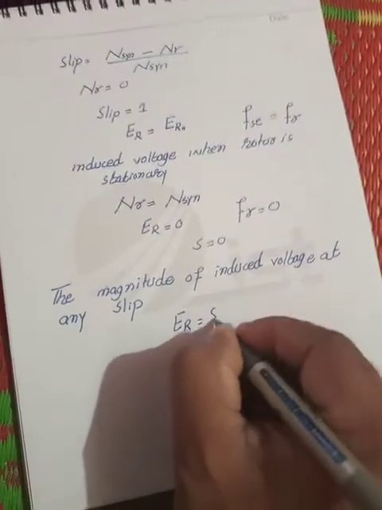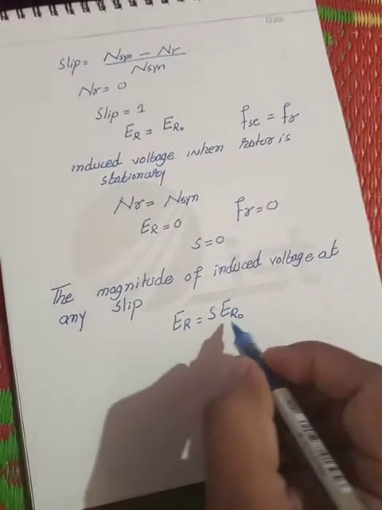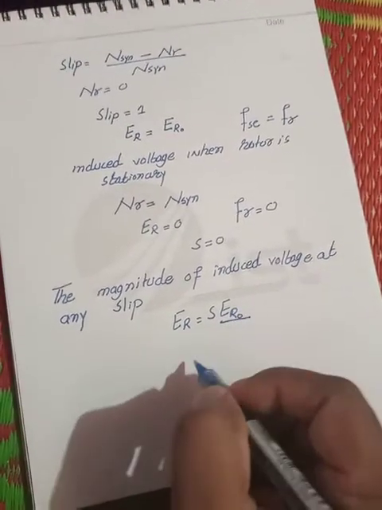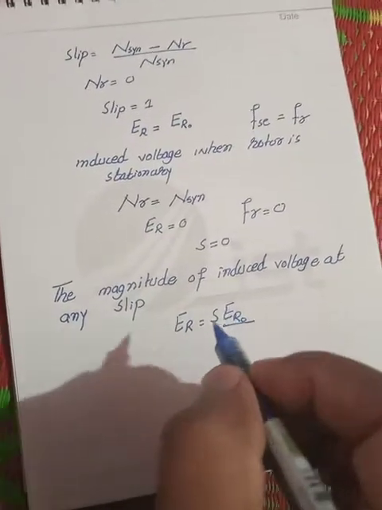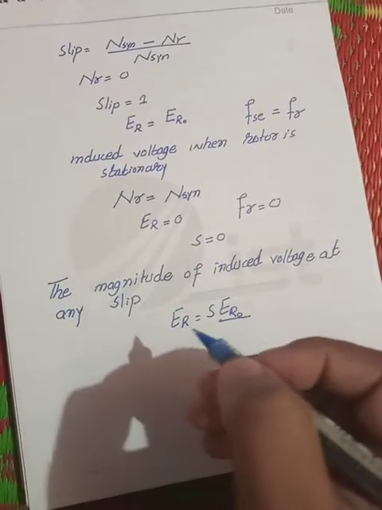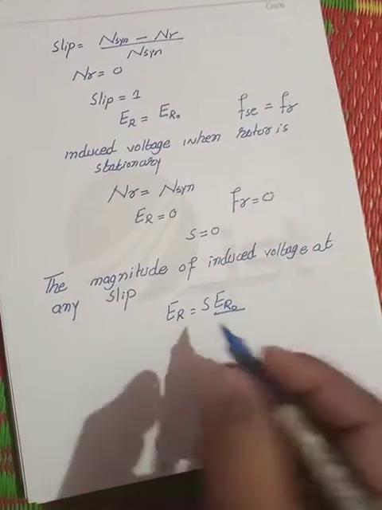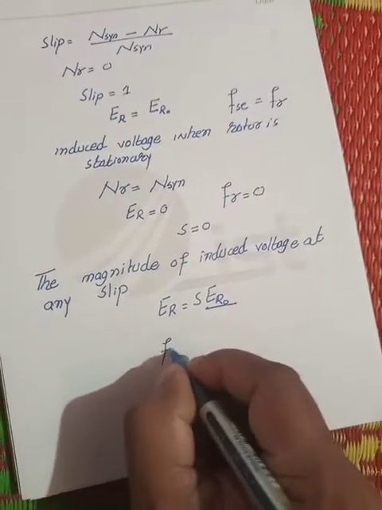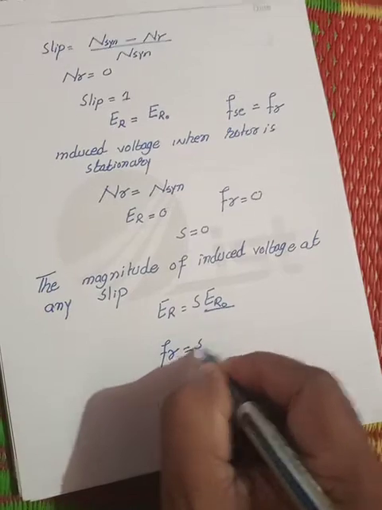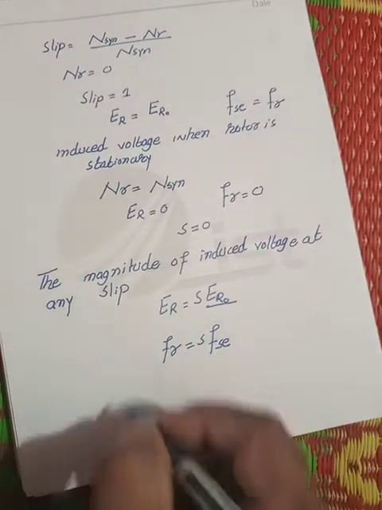ER is equal to S ER naught, where ER naught is the induced EMF when the rotor is in blocked condition, when the rotor is stationary. Similarly, the rotor frequency will be equal to the slip times the stator electrical frequency.